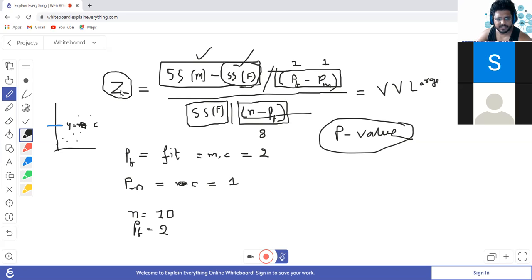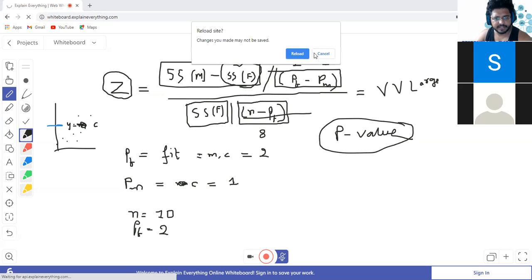For now, just remember the formula of Z, and remember that if Z is a very large number, then we have a good fit. Okay, so this is Z. Now let's move to multiple regression.